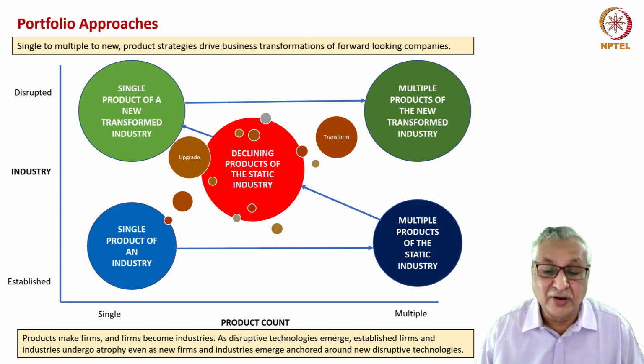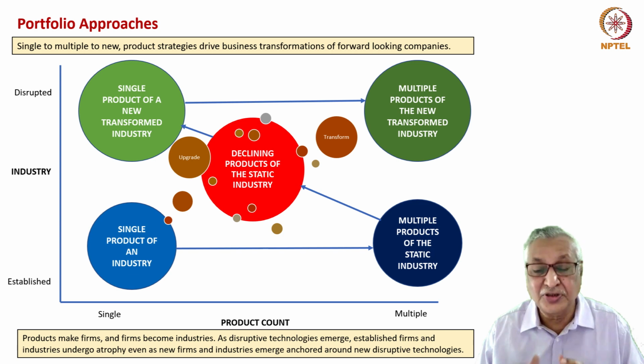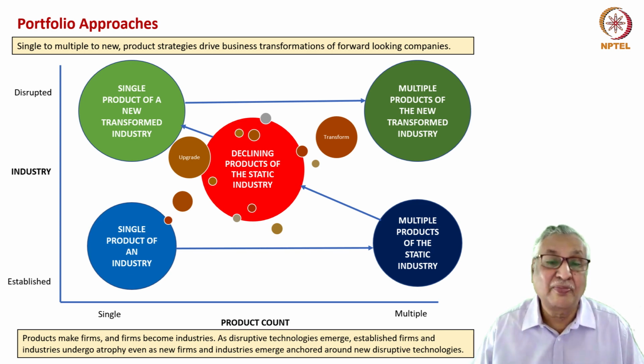As disruptive technologies emerge, established firms and industries undergo atrophy, that is, they shrink, even as new firms and industries emerge anchored around new disruptive technologies. This is the process of continuous development, redevelopment, and at times even demise of certain portions of the industry. And product portfolio is one of the most critical aspects of this life cycle development of the whole industry.